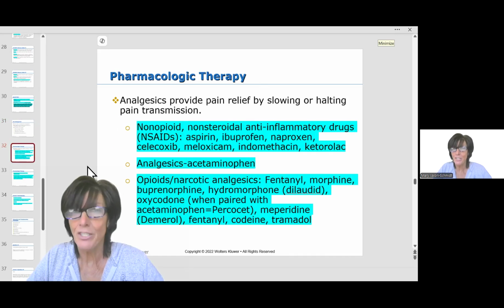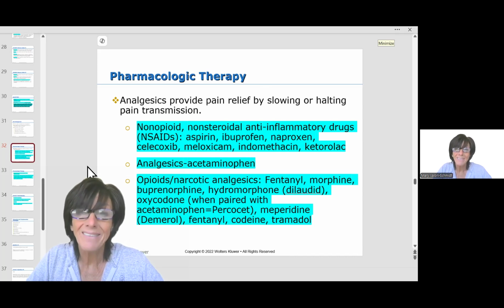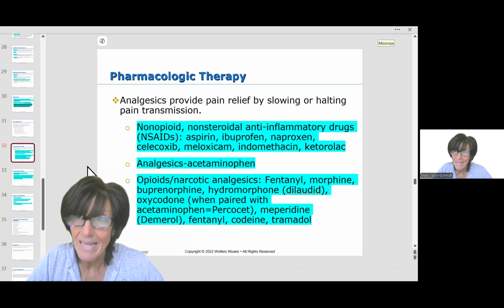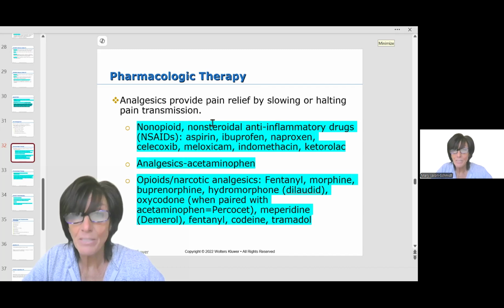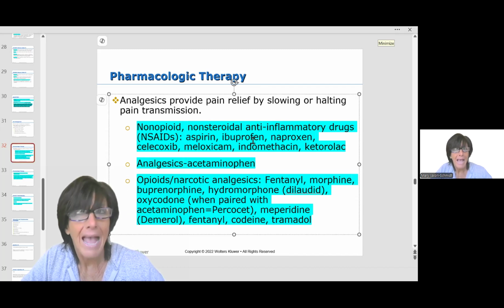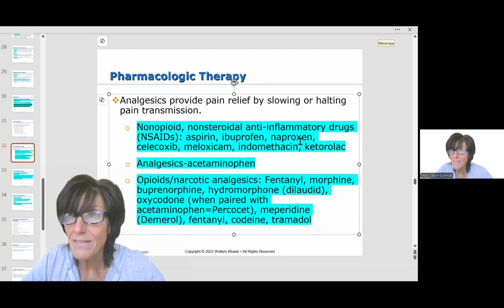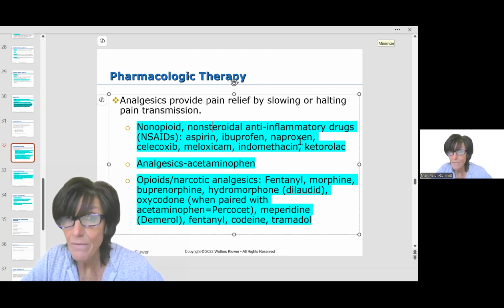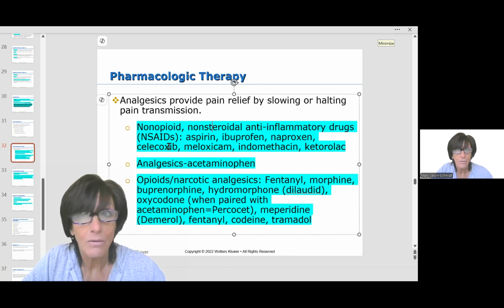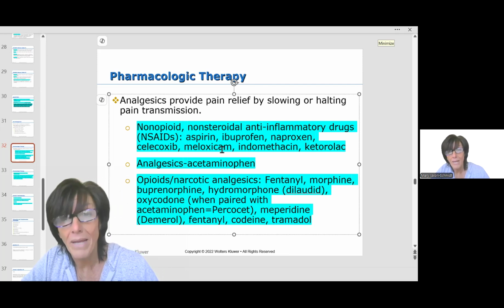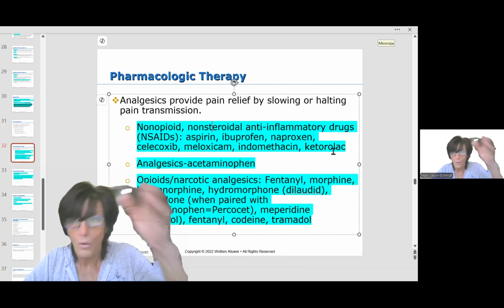So we have medications, analgesics, okay? Non-opioid, non-steroidal anti-inflammatory drugs, NSAIDs, include aspirin, ibuprofen (Advil or Motrin), naproxen or naproxen sodium, which is Aleve, celecoxib (Celebrex), meloxicam (Mobic), indomethacin (Indocin), ketorolac, diclofenac.